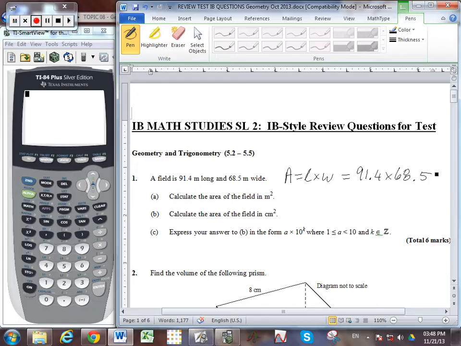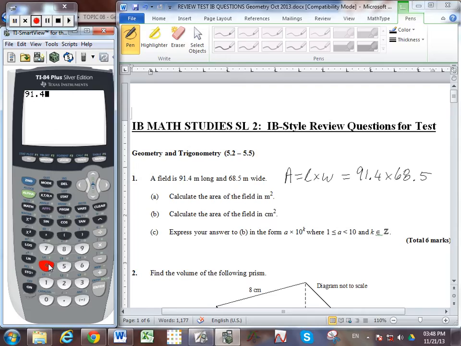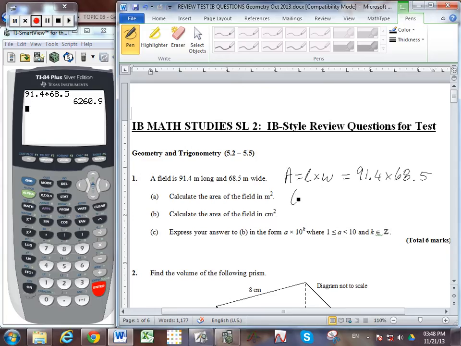Let's put that into the calculator then. And gives me 6,260.9 meters squared. Then it wants us to convert this amount into centimeters squared. I guess there's two ways we could do this. We could first convert each of these units.